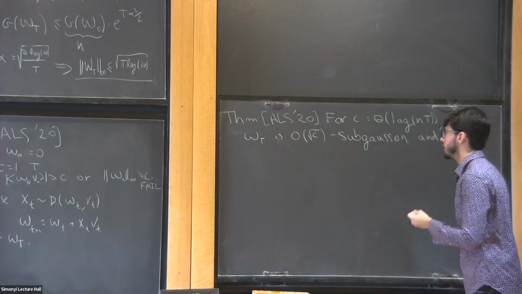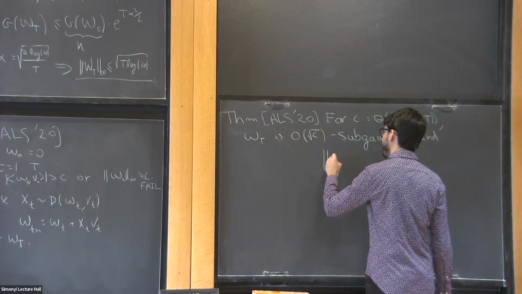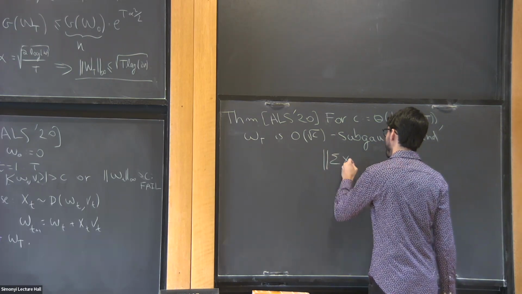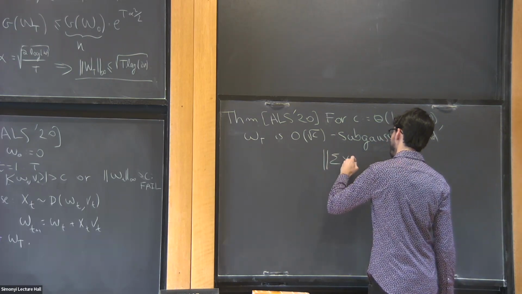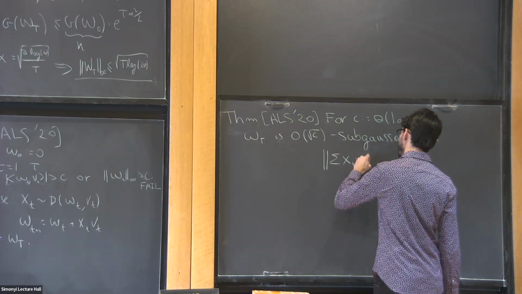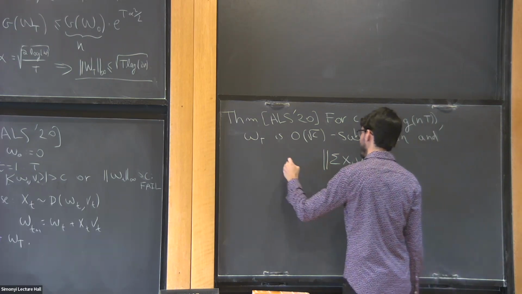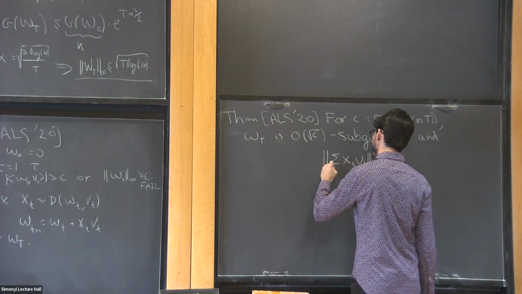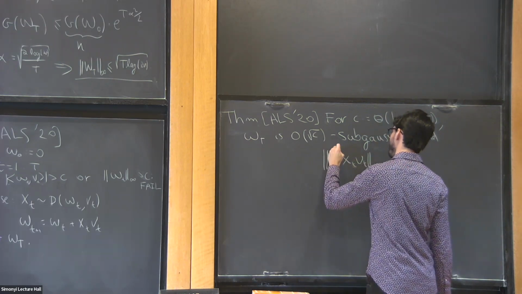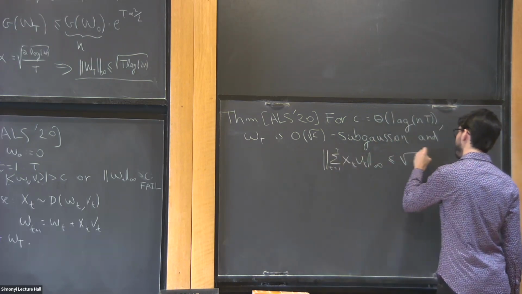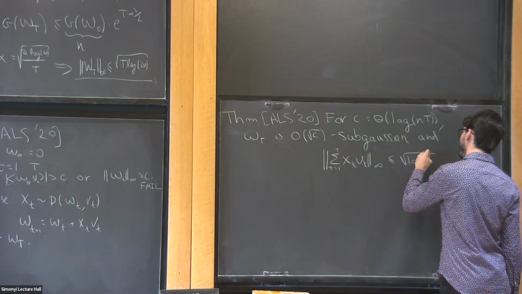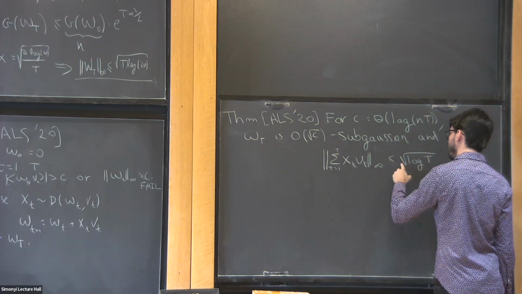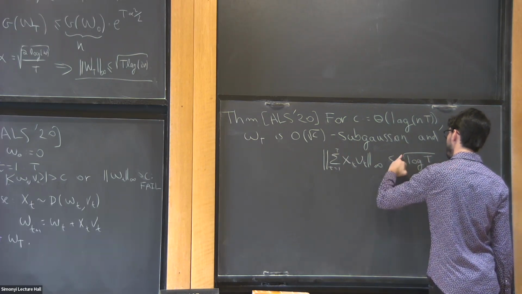And the corollary is that the prefix sums are all bounded. Sorry, it's not the square root.